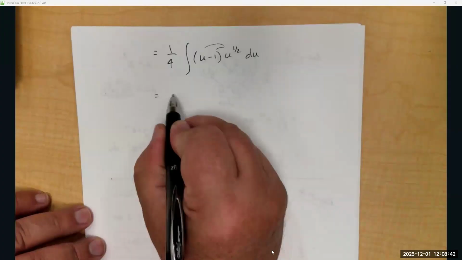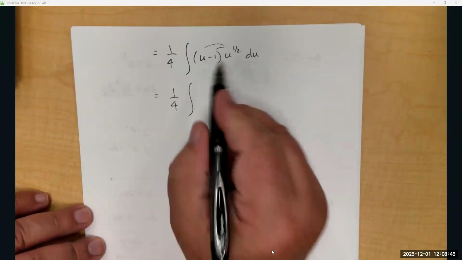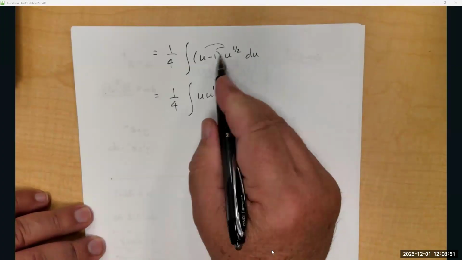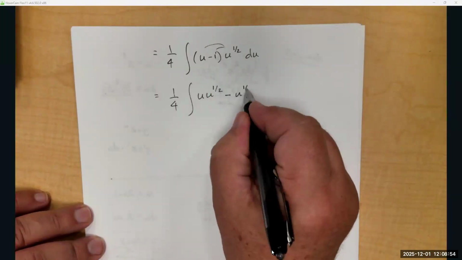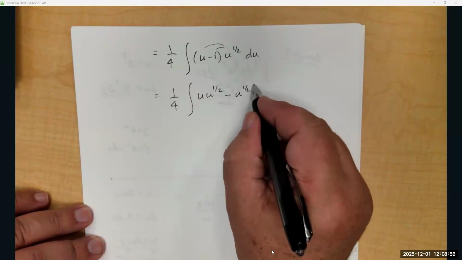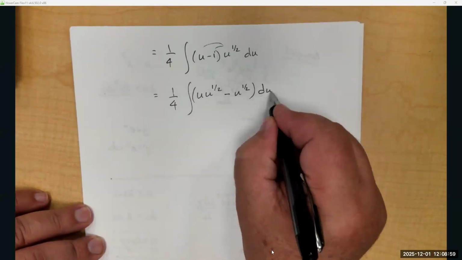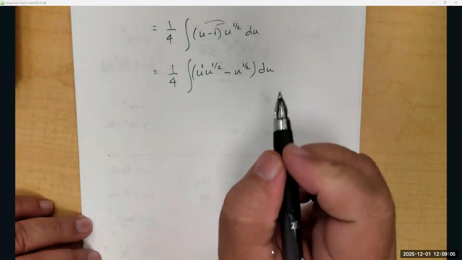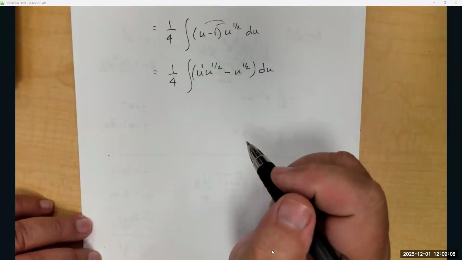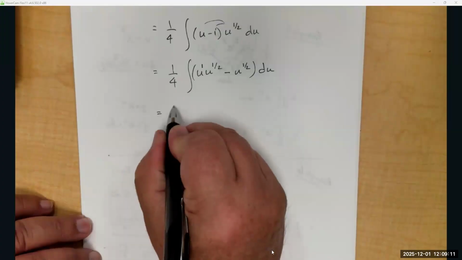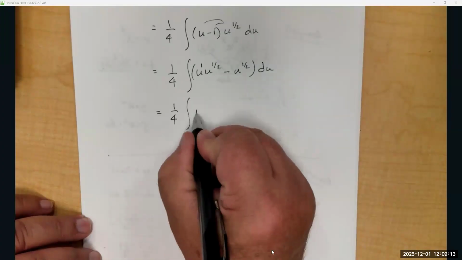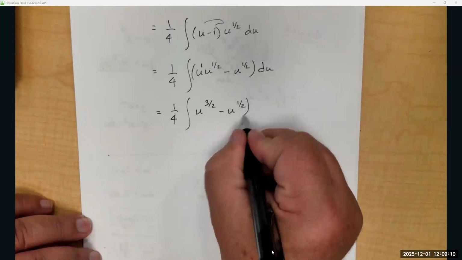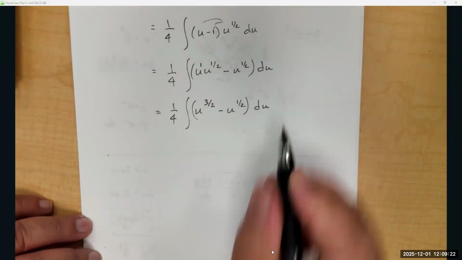So I distribute. I get 1/4, u times u to the power 1/2, and 1 times that is u to the power 1/2. What do you do with the exponents? Add them. So it's 1/4 the integral of u to the 3/2 minus u to the 1/2 du.